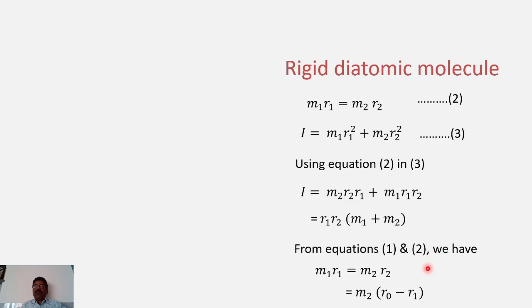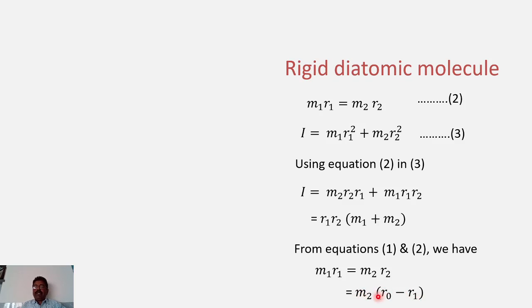From equations 1 and 2, equation 1 is R0 is equal to R1 plus R2, and equation 2 is m1 R1 is equal to m2 R2. So we can substitute for R2 from equation 1. From equation 1, R2 will be equal to R0 minus R1. So m1 R1 is equal to m2 in bracket R0 minus R1.